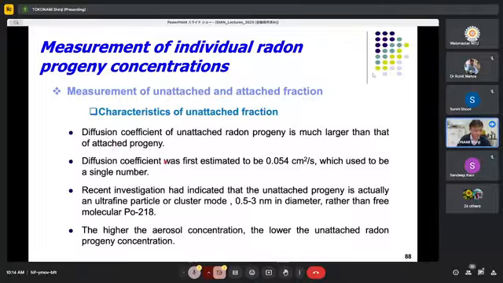The diffusion coefficient was first estimated to be 0.054 square centimeter per second, which used to be a single number.